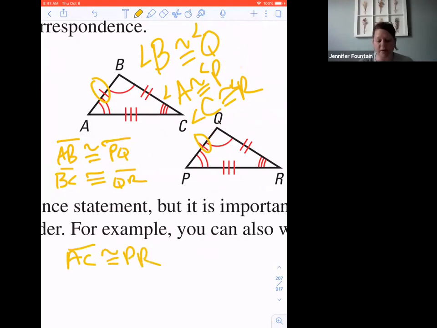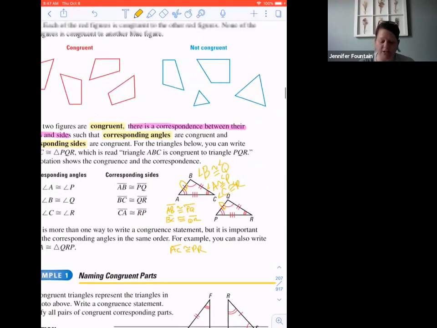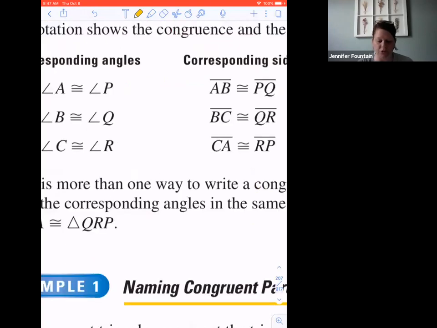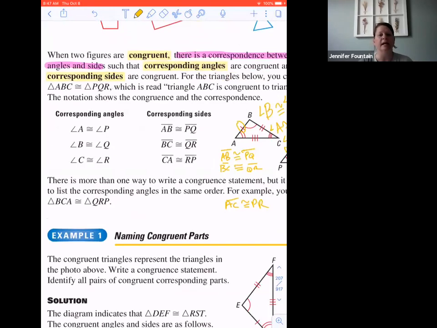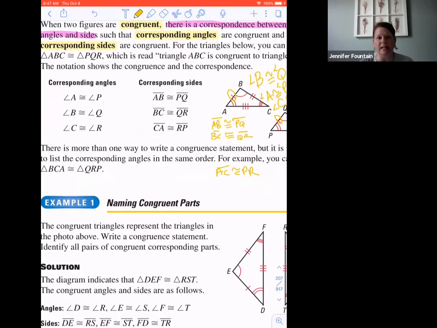So that's basically what they just told us right over here. I just wanted you to see it from the pictures. Each time you see a figure, I want you to get in the habit of seeing what you can figure out about it before you look at what the text tells you, because you figuring it out is going to help you more than just somebody telling you what it is.